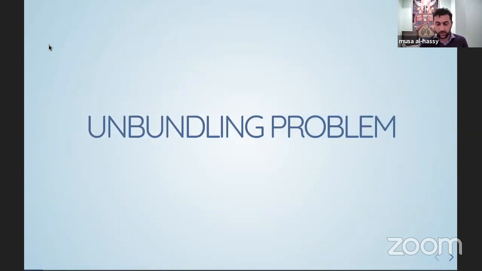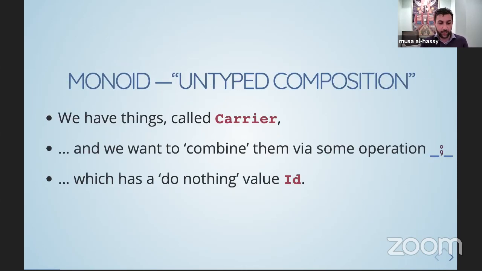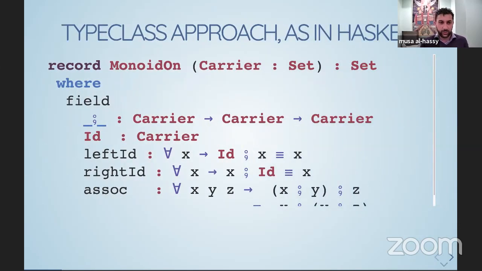Okay, next. So just quickly, I'll go over the unbundling problem. Hopefully not take too long. So we have a bunch of things that we want to be able to combine, and we have a do nothing value, right? So in Agda, you just write the same old thing that everyone's probably seen here. Nothing too interesting. The main interesting thing is that we're making the carrier a parameter.